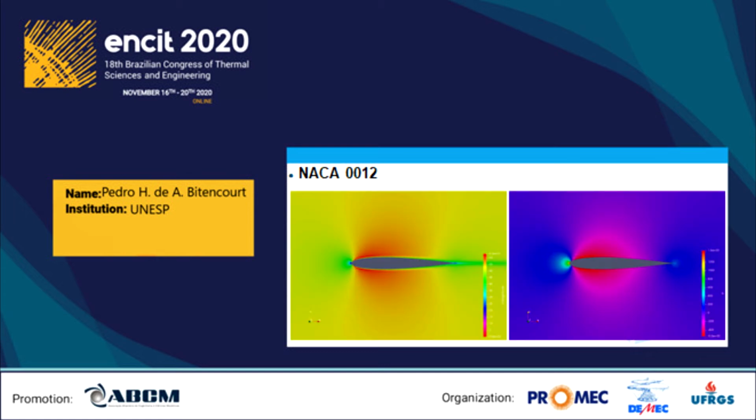For the numerical results of NACA 0021, the figure on the left shows the results evaluated for the velocity fields, while the figure on the right represents the results for pressure fields.